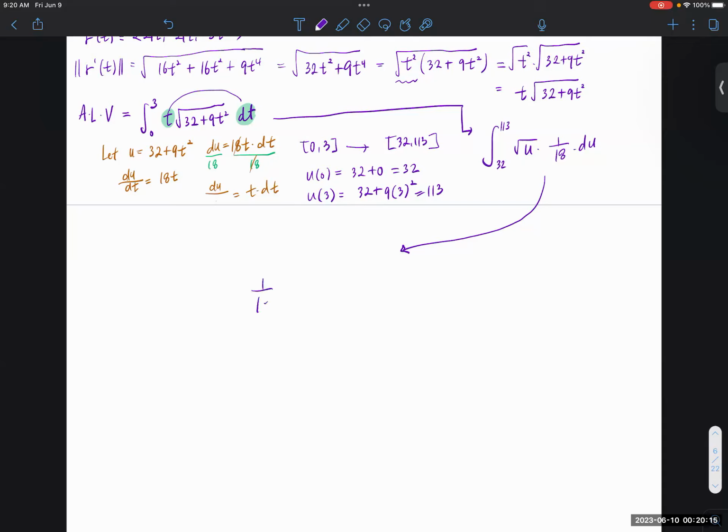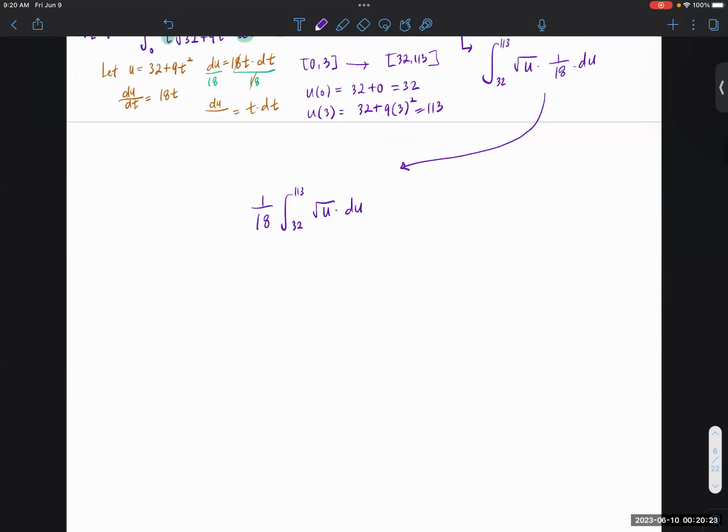So 1 over 18 integral from 32 to 113 of the square root of u du. Square root of u means u to the 1 over 2. So we take the integral: u to the 1 over 2 plus 1, divided by that exponent, from 32 to 113.